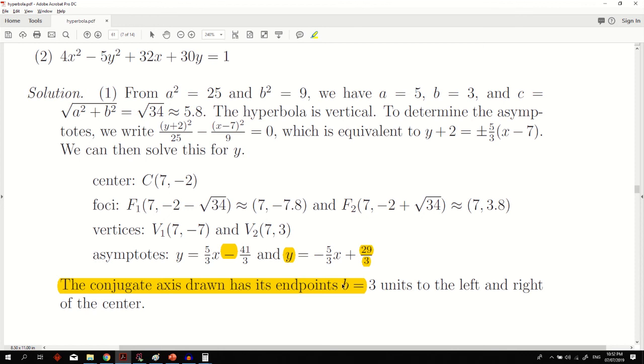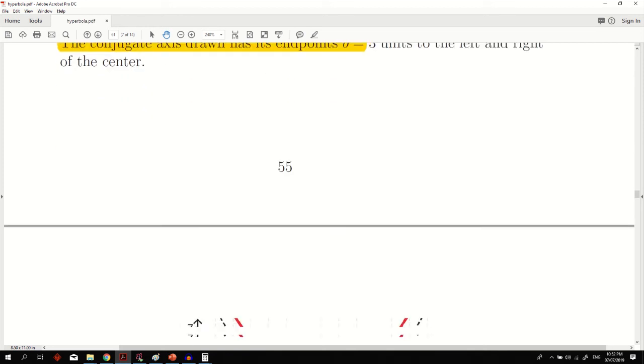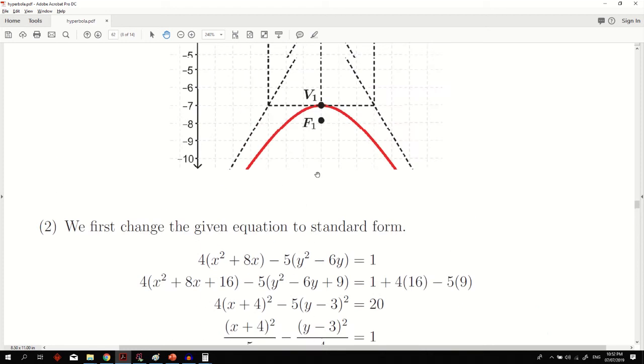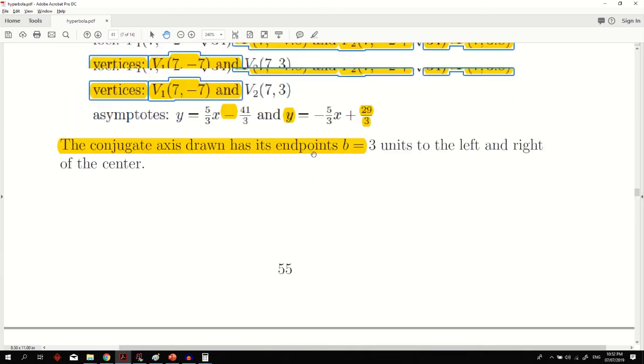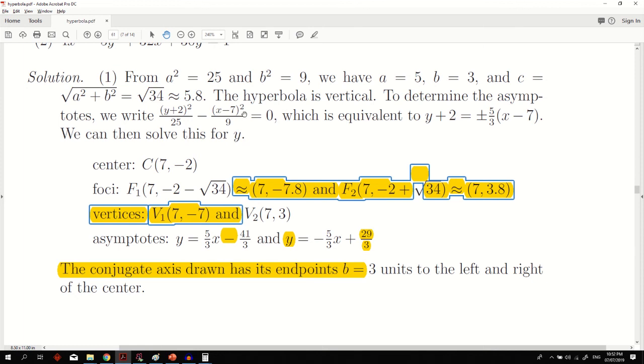Oh, wait, what's happening? So how did he get this one for the asymptote? We missed something. Okay, so this is a learning curve for us, no?